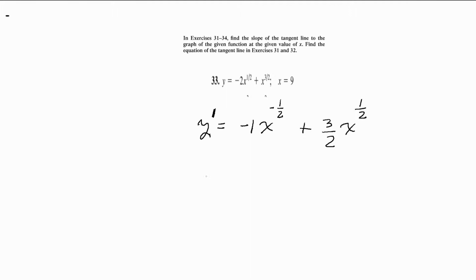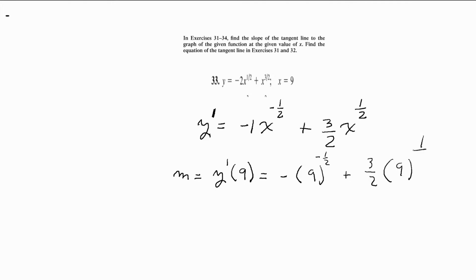All right, so the slope of our line, m, is then going to be our y prime evaluated at 9, which is equal to minus 9 to the negative 1/2 plus 3/2 times 9 to the 1/2.